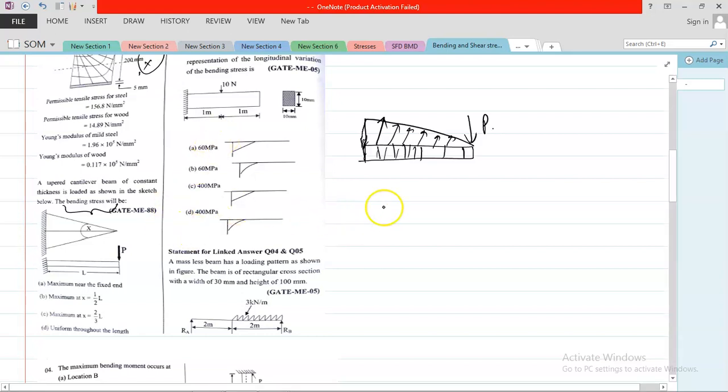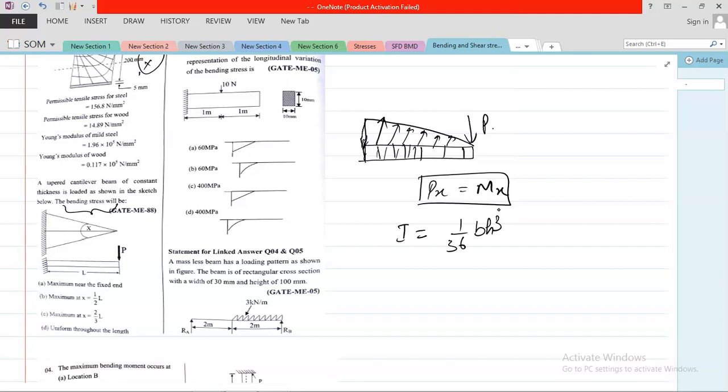So it is question number 2. First of all, what is the moment? Suppose P into x is your bending moment, Mx, at any distance x, and we need to find the I. So it is 1/36 b h^3, but as you know your b is varying along x.